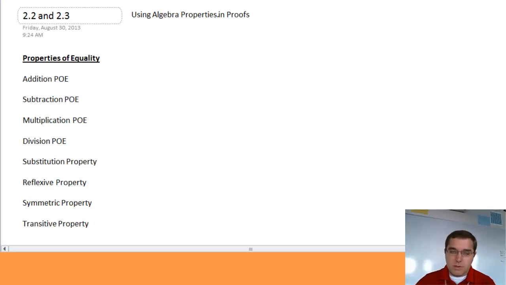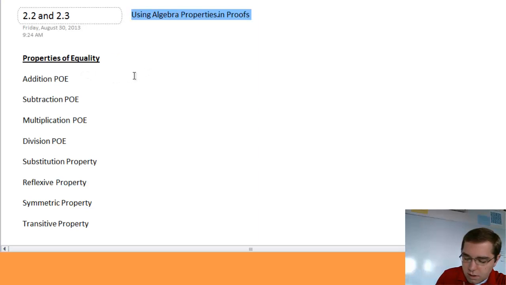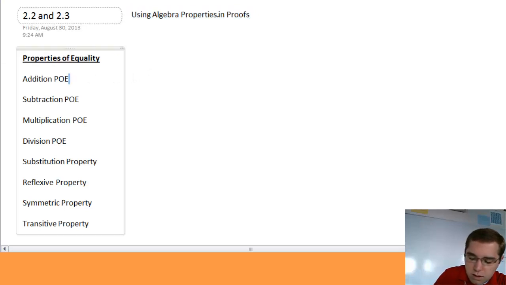Those are properties that you've been using in algebra to solve equations, to do things to both sides of an equation. The addition property of equality, for example, says we can add the same number to both sides.